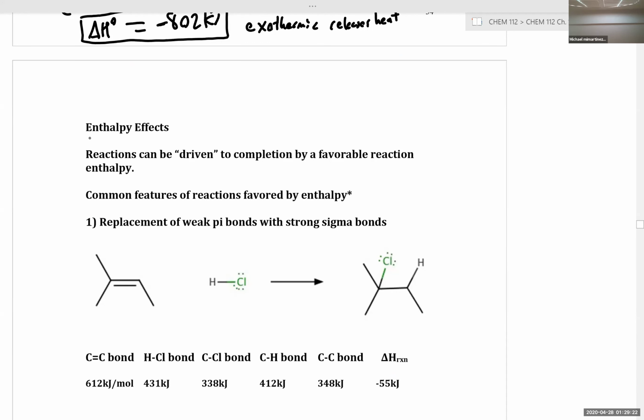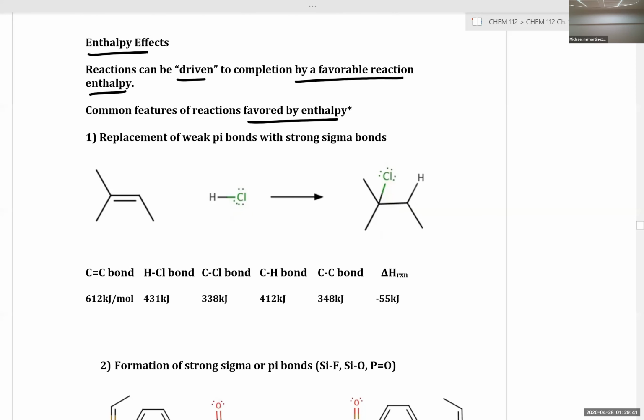So reactions can be, quote unquote, driven to completion by a favorable reaction enthalpy. So common features of reactions favored by enthalpy. Enthalpy isn't the only driving factor for reactions, but it can certainly make certain reactions favorable.